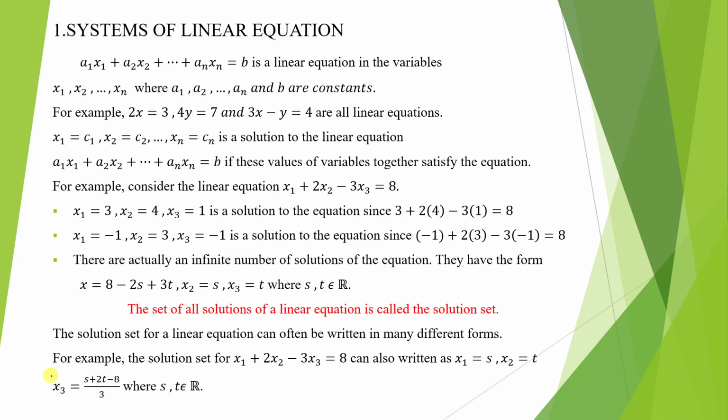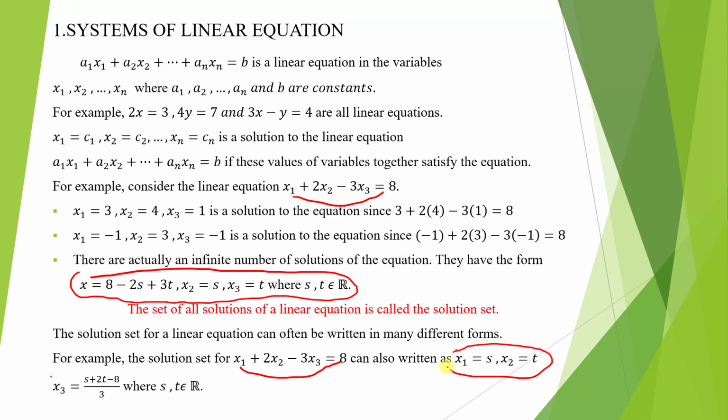First we have this solution, and next, for the same equation, we can write another form of our solution. We can write x1 equal to s, x2 equal to t, and then find x3 like this.